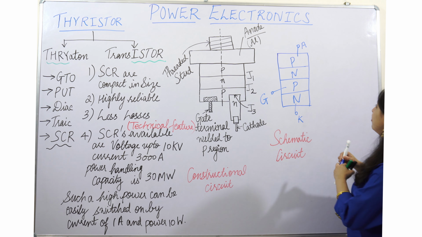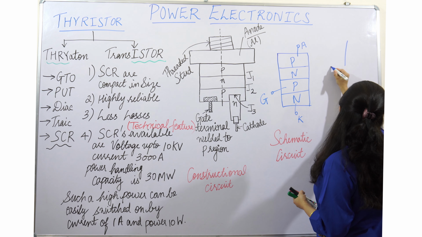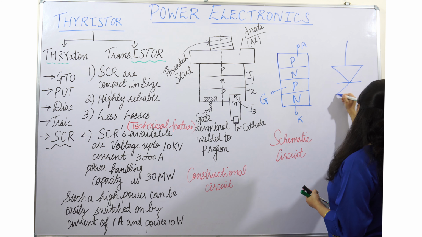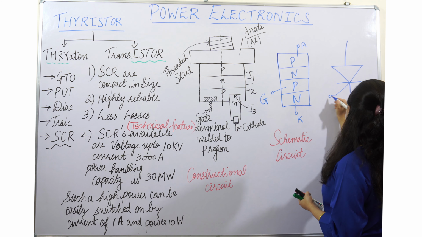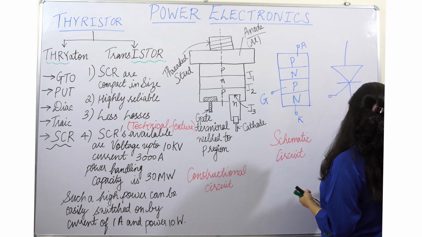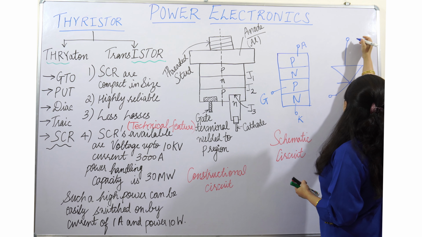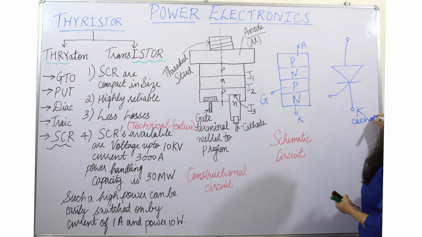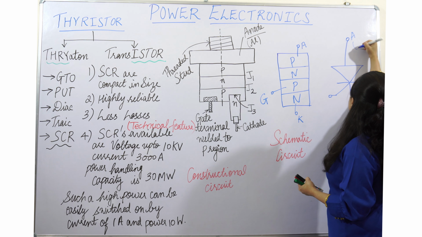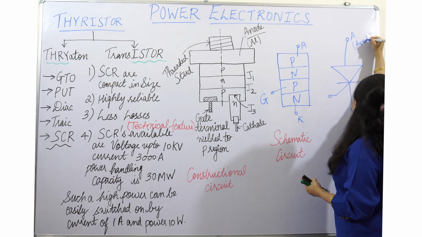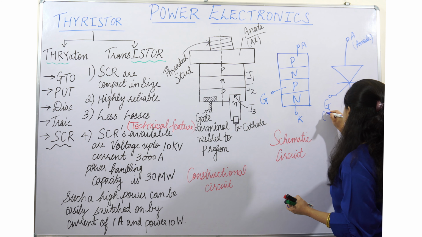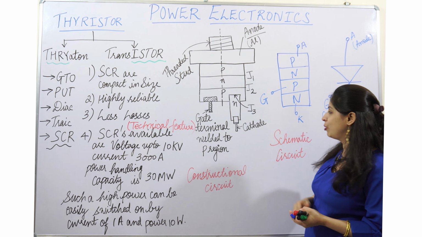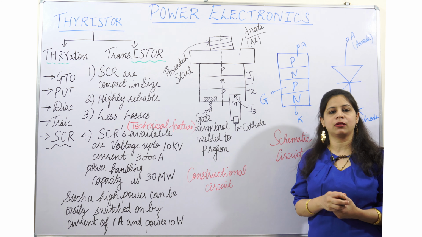So now let us draw the symbol, how it looks like. It is similar to diode. It is the cathode. Anode. And this is the gate G. So it is a 4-layered, 3-junction, 3-terminal semiconductor switching device.